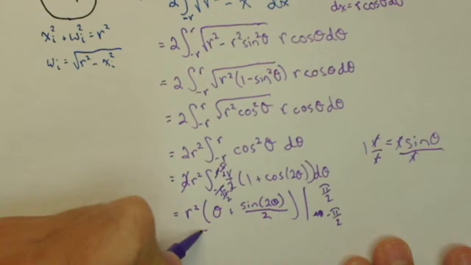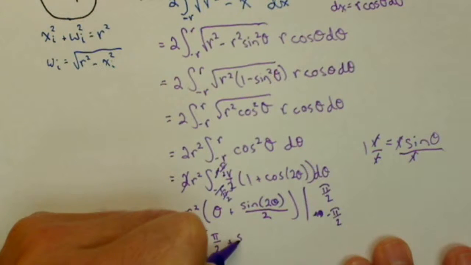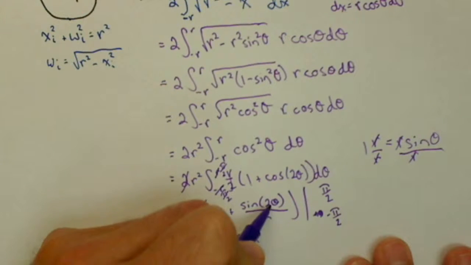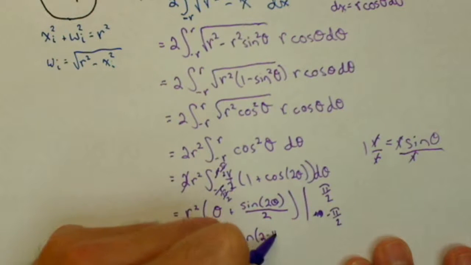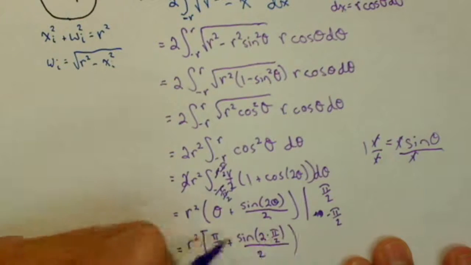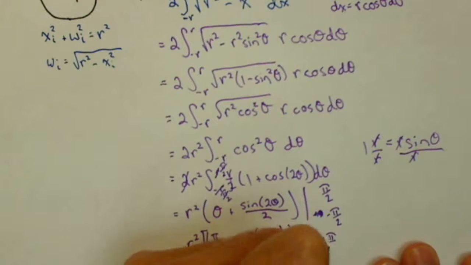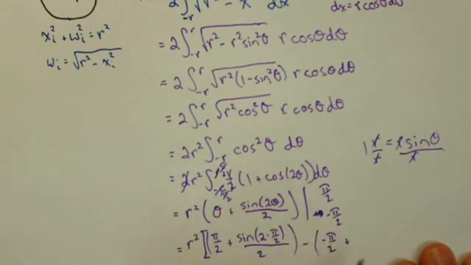So we have the r squared out front, pi over 2 plus sine of 2 times pi over 2 over 2. So there's our upper limit, minus negative pi over 2 plus sine of 2 times negative pi over 2 over 2.